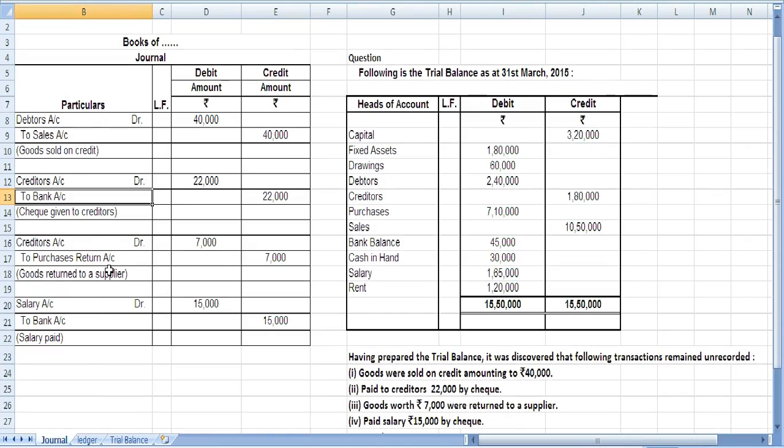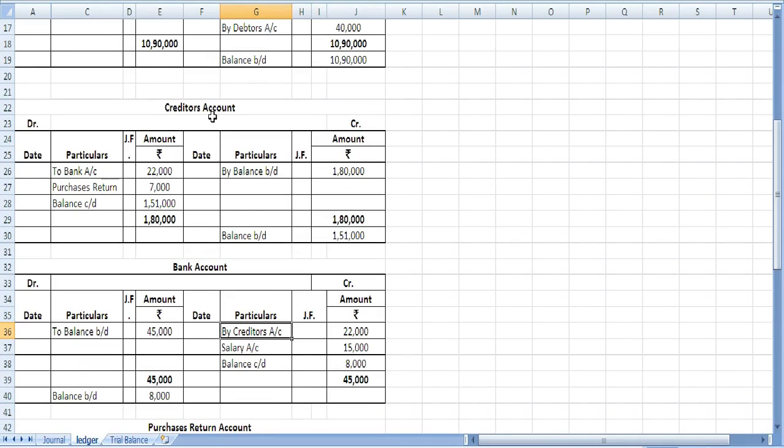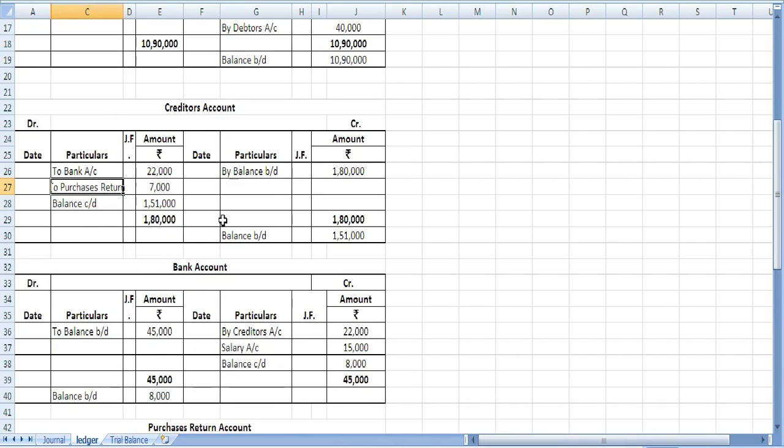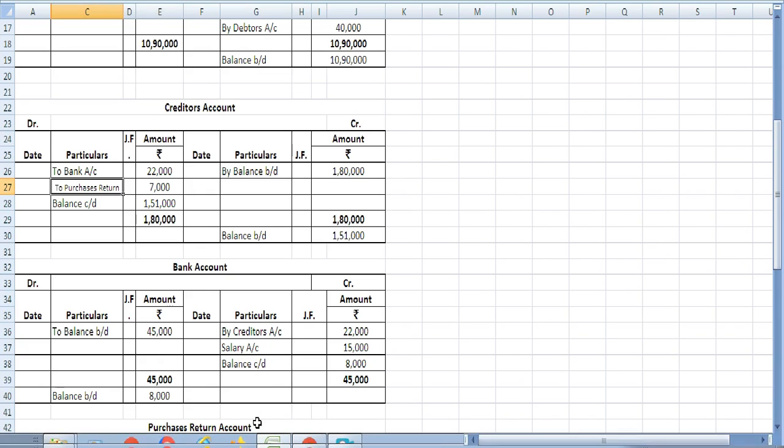Next we have creditors to purchase return. Again we'll go to the creditors account, 'to purchase return.' Even if you don't write 'to' and 'by,' no problem, but for your convenience I'm writing it down. So here we have 'to purchase return.' Then we'll go to the purchase return, and this will become 'by creditors.'